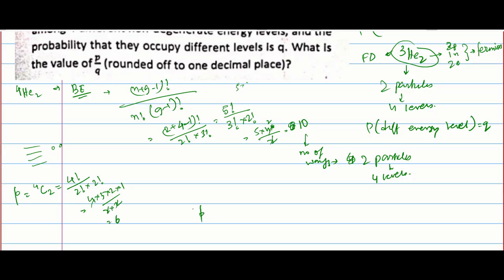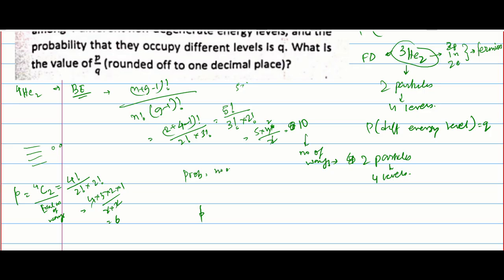So P, sorry, this divided by the total number of ways is small p. Again, small p is the probability, which means what is probability?